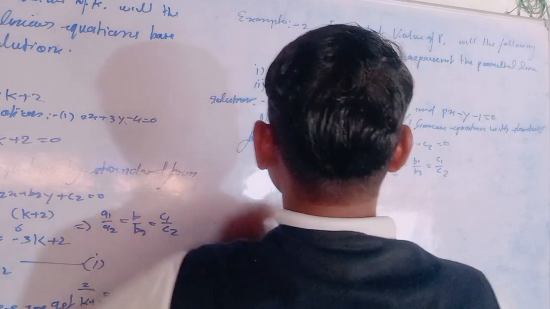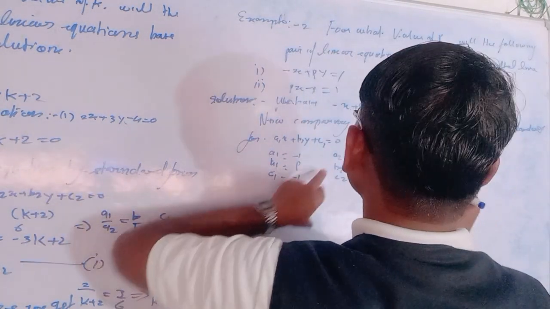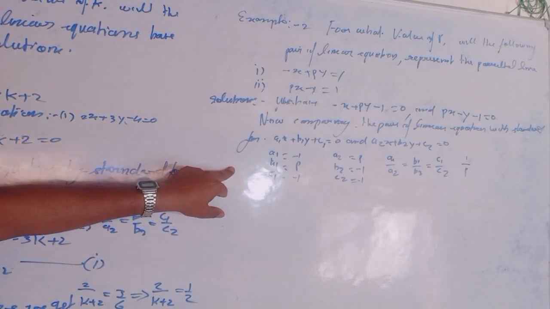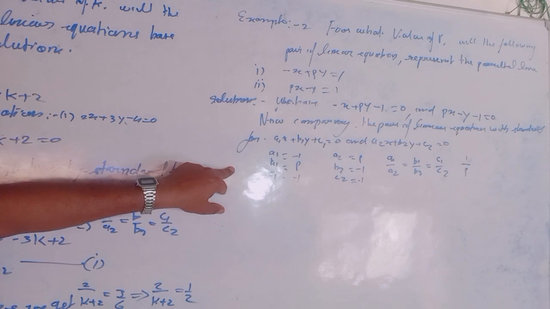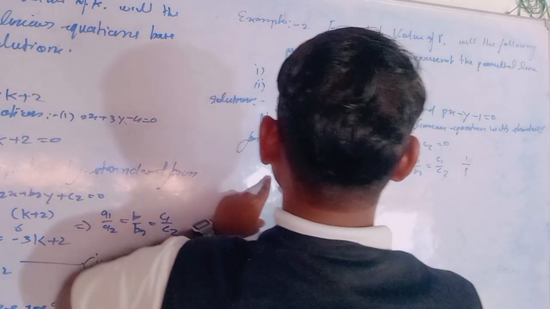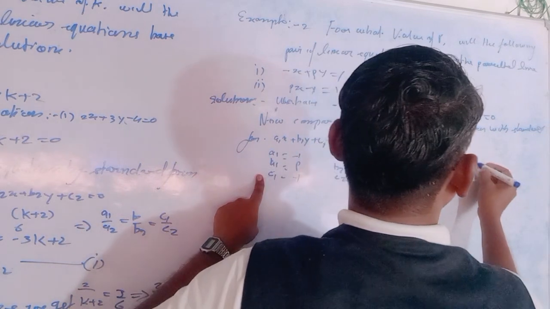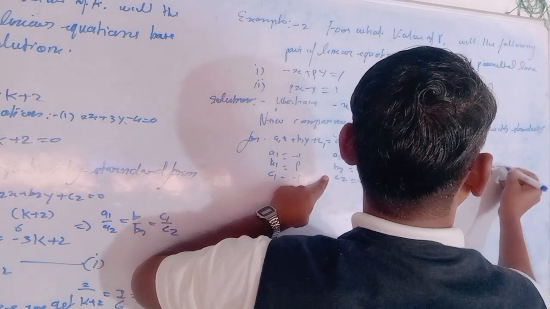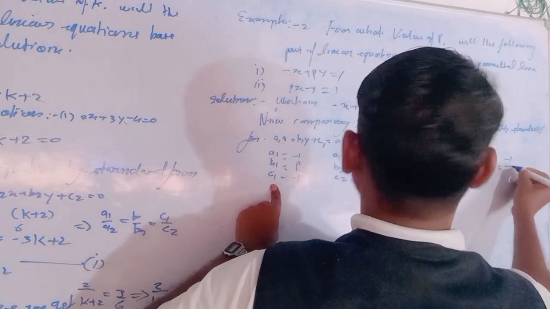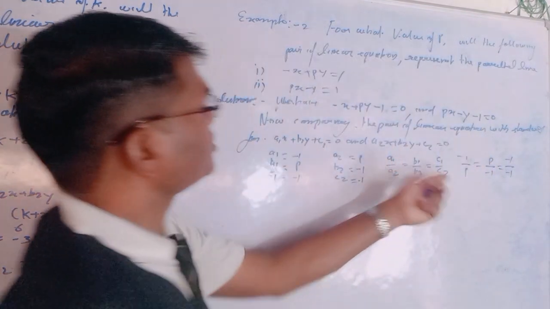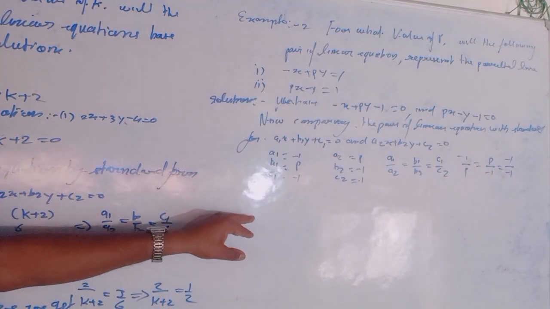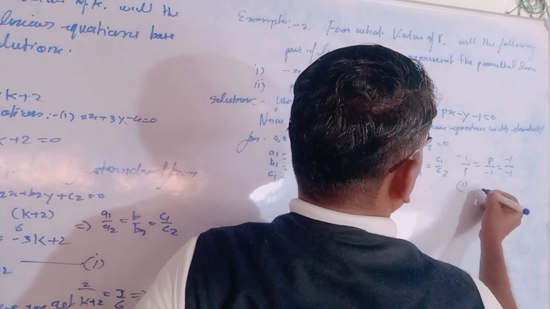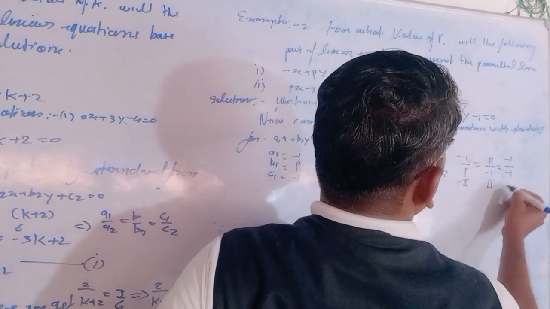Substituting, a1 by a2 is minus 1 by p, b1 by b2 is p by minus 1, and c1 by c2 is minus 1 by minus 1. These are the ratios we have compared here.